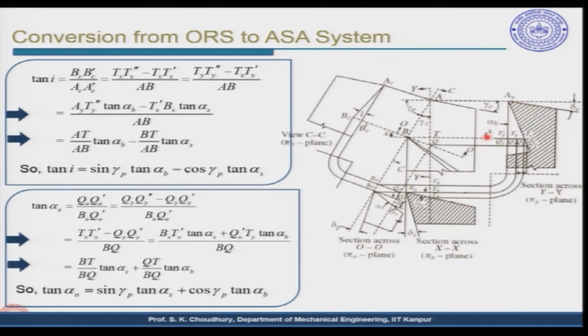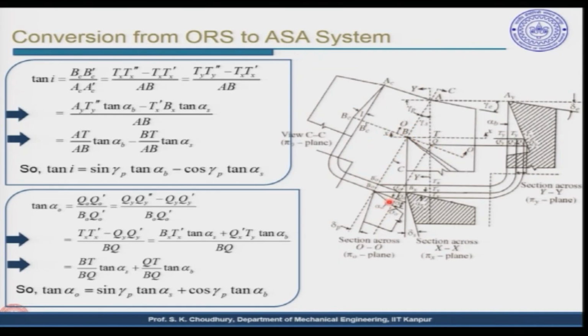Similarly, this view along the XX will be in the ASA system, and in this sectional view this is the rake face, this is the flank face. Therefore, this is the side flank angle and this is the side rake angle as in ASA and so on. Similarly, if you look at the orthogonal OO, OO is given here.